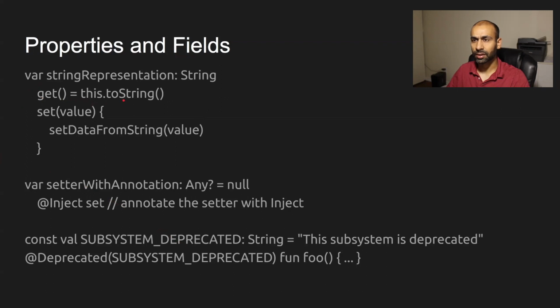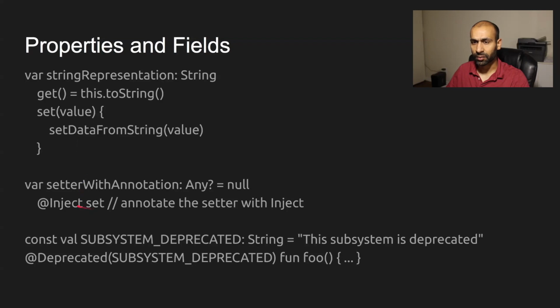So this will return the value, and we could set the values by using a setter. Getters and setters are not used very frequently unless we're modifying or doing any validation. Setters are sometimes used whenever we have dependency injection.